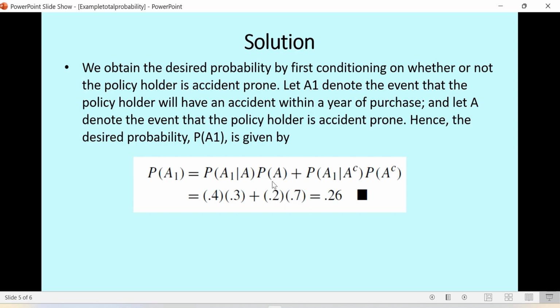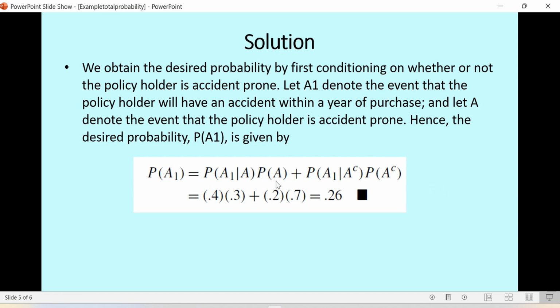If the person belongs to A, then the conditional probability of A1 given A is 0.4, because we want to calculate A1, but we have the information of A, which is whether the person is accident prone or not. So this is the total probability. We divide into two cases.